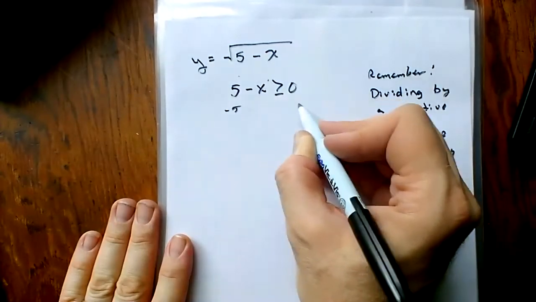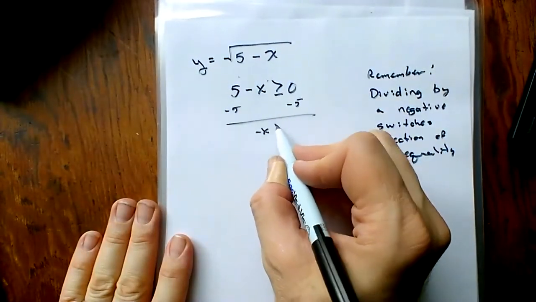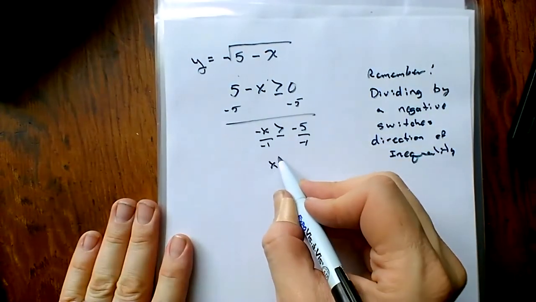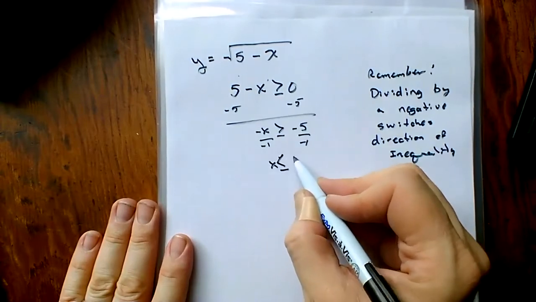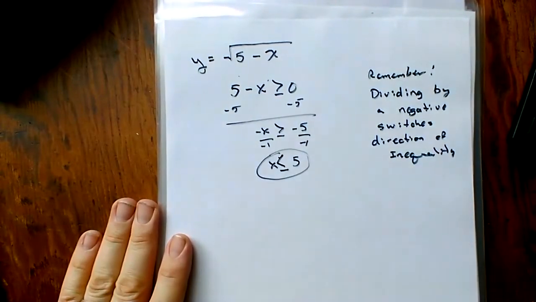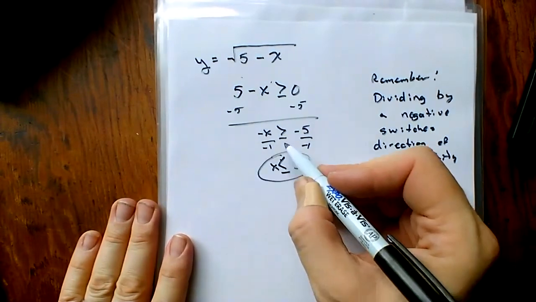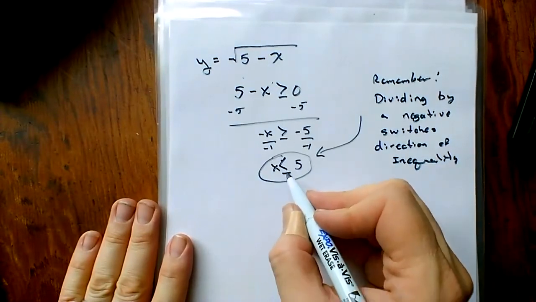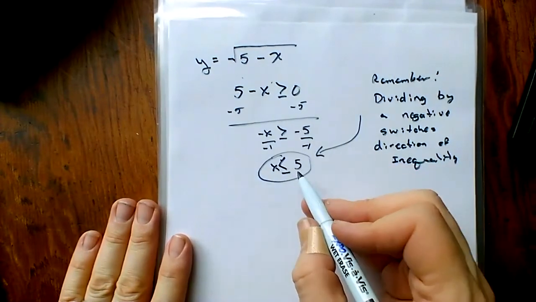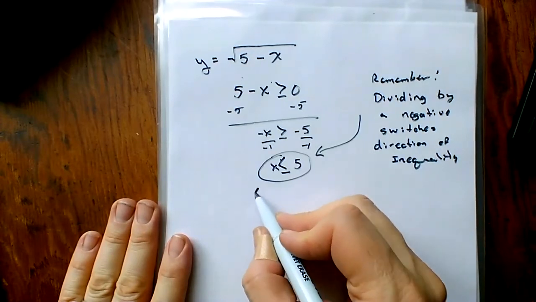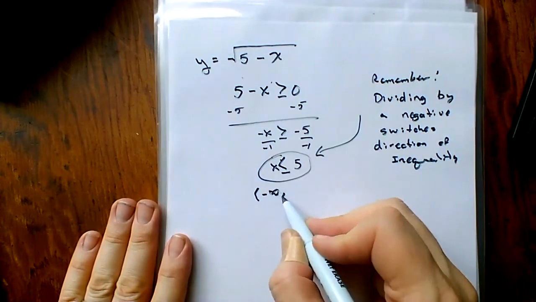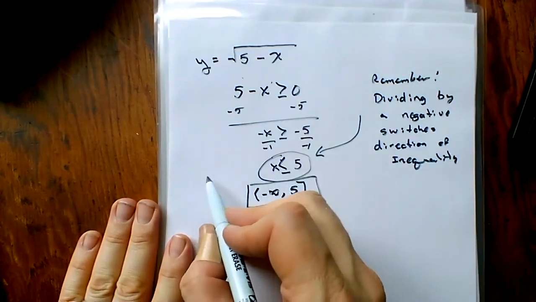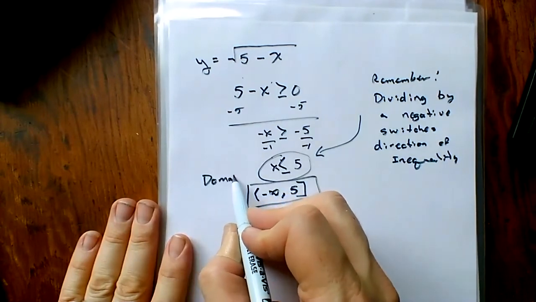So I could subtract 5 from both sides and end up with negative x is greater than or equal to negative 5. Divide both sides by negative 1, and I'd end up with x less than or equal to 5. So when I divide by that negative 1, this switches the direction of my inequality. Here, 5 is my highest point, or I could say this would be from negative infinity all the way up to 5. And these are our domain.